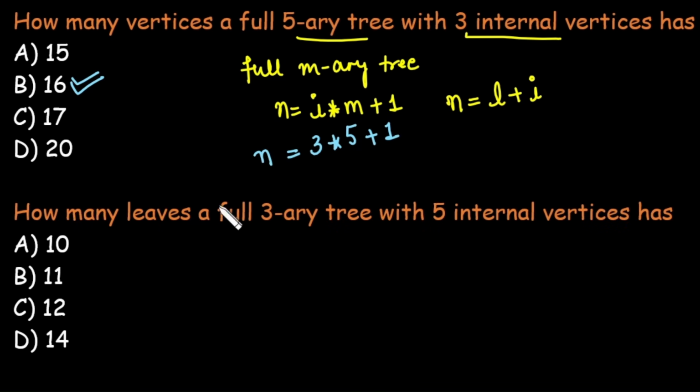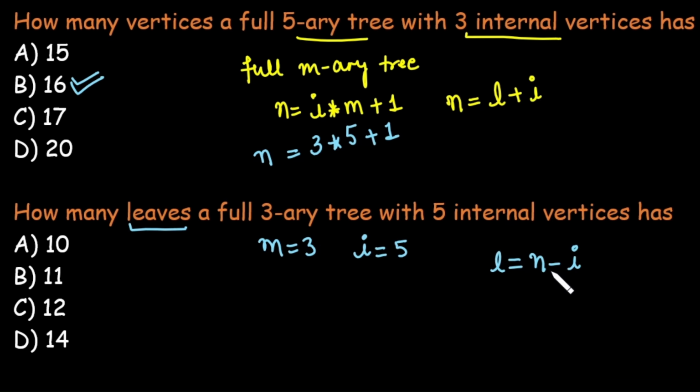Next, how many leaves does a full 3-ary tree with 5 internal vertices have? Now the question is not about the vertices, it is about the leaves. As per this, we have m is equal to 3 and the internal vertices is equal to 5. Now we can use these two formulas to calculate the leaves. From the second formula, leaves is equal to number of vertices minus internal vertices.